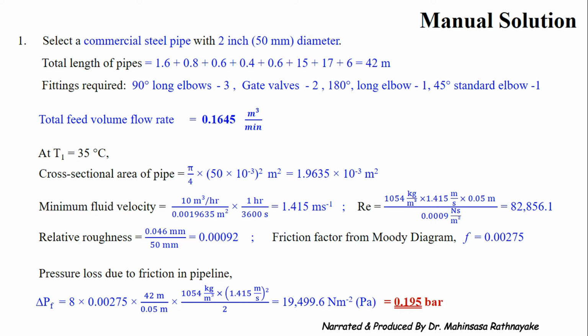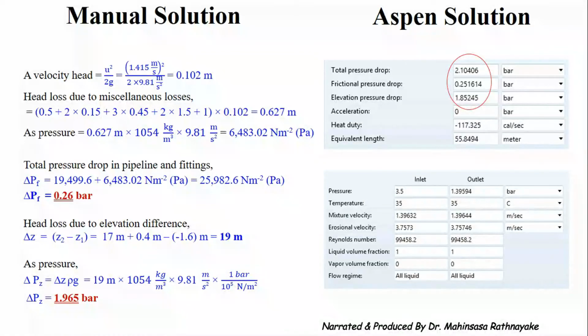Then we need to calculate the head loss due to miscellaneous losses such as fittings. First we can calculate the velocity head is equal to 0.102 meters, and we can add up all the K factors for the entrance of the pipe, for the pipe entrance, 2 gate valves, 3 90-degree long elbows, and 2 U-turns, and the pipe exit.